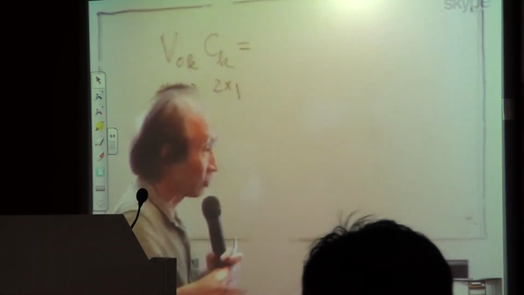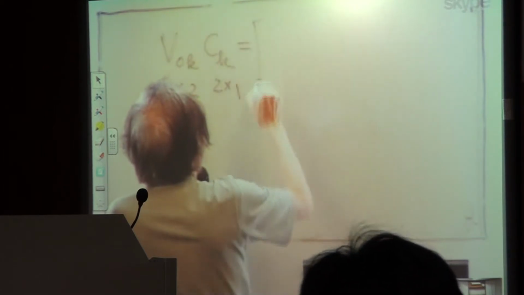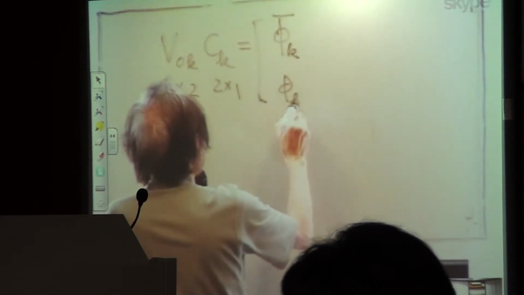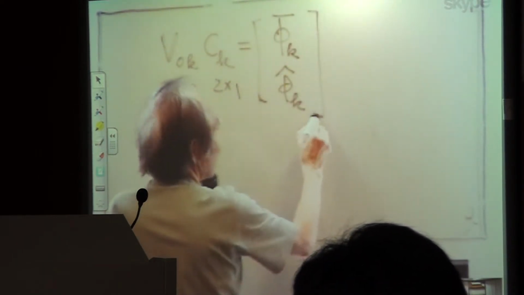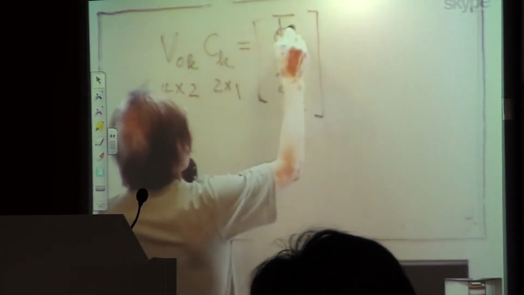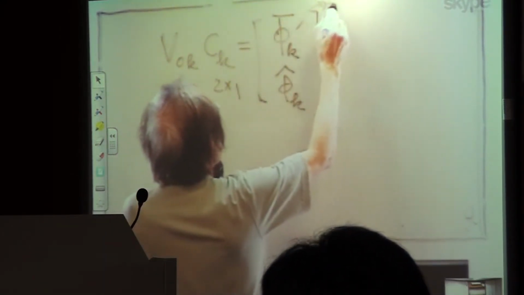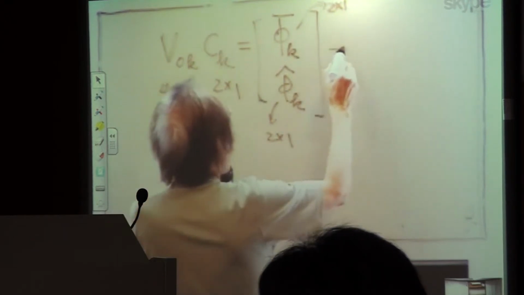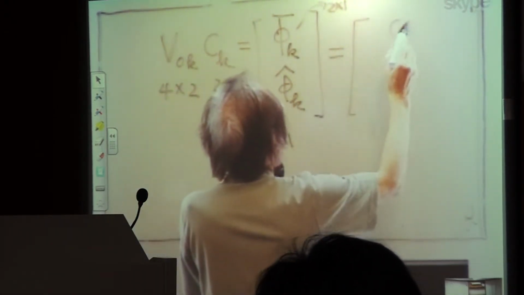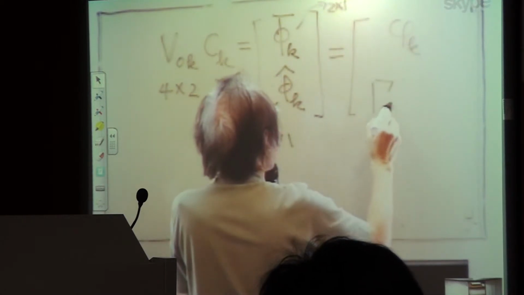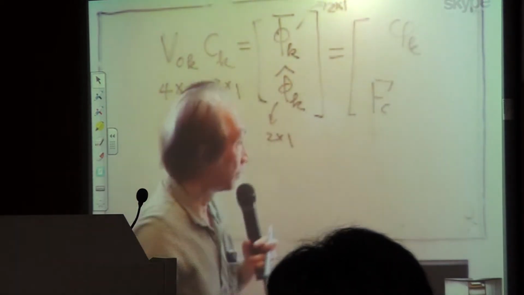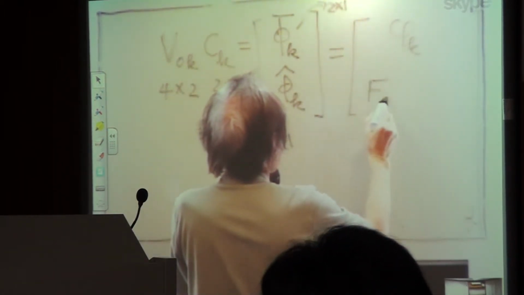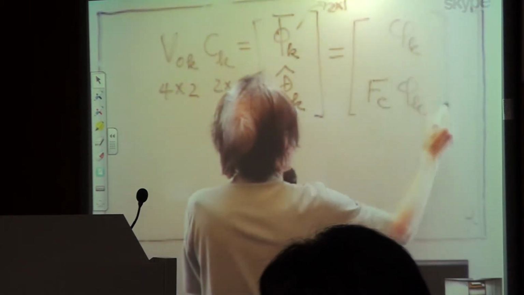I divide this into two parts, that's my phi K bar, and this is my phi K hat. This is 2 by 1, and this is 2 by 1, and that also equals my psi K and FC psi K, right?